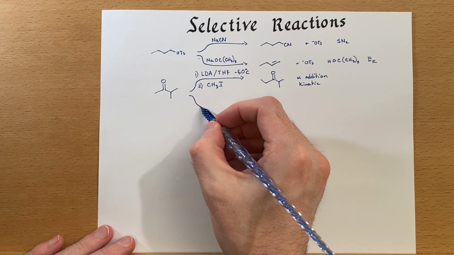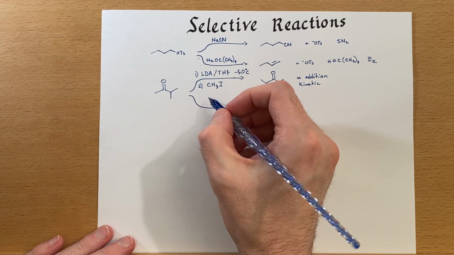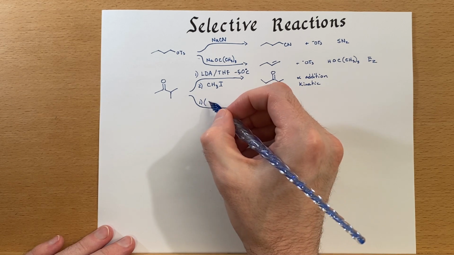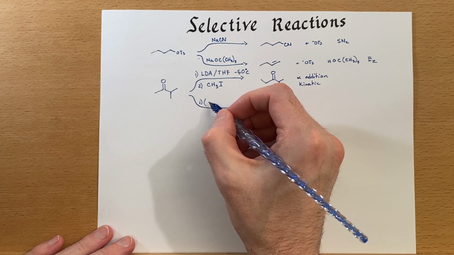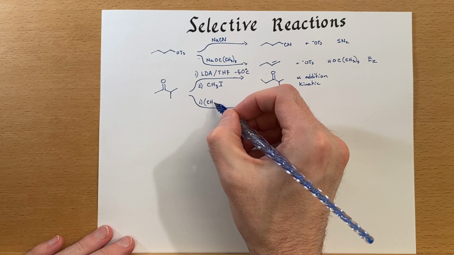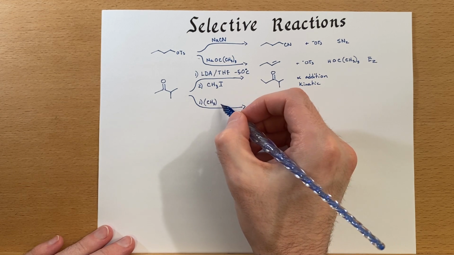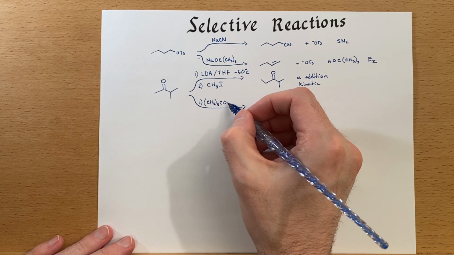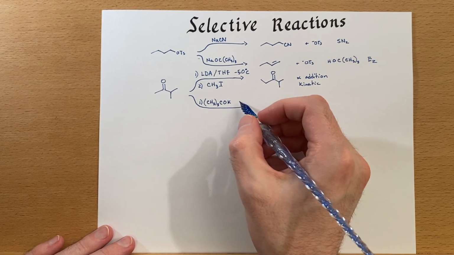And of course, as a review, we can employ thermodynamic conditions by choosing a much weaker base than LDA. It's still a strong base, but it's not compared to LDA.